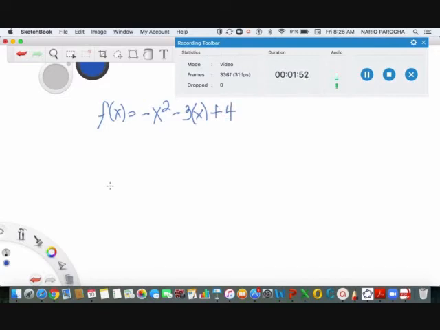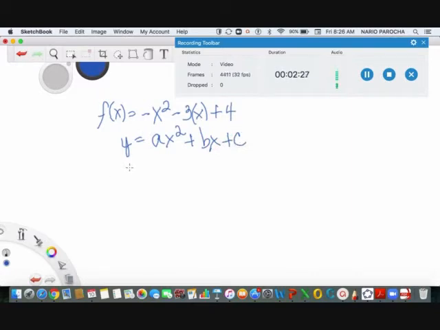To begin with, we need to know the values of a, b, and c. Remember the standard form of a quadratic function: y is equal to ax squared plus bx plus c.